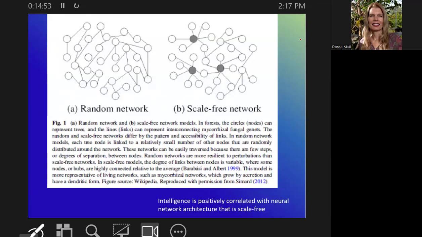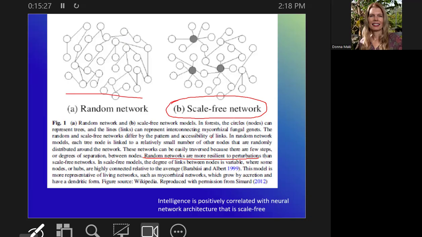Random networks are more resilient to perturbations. But she's saying the forested systems there in British Columbia are scale free. So they're more susceptible to perturbation and slower to recovery potentially.